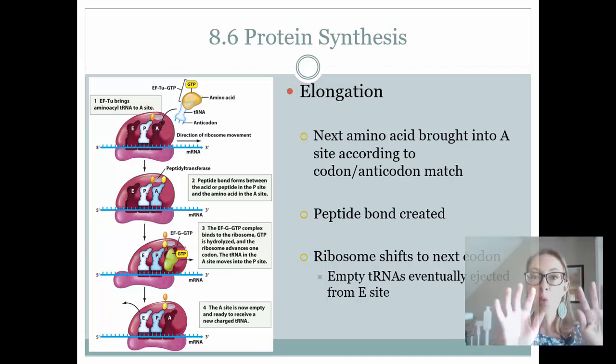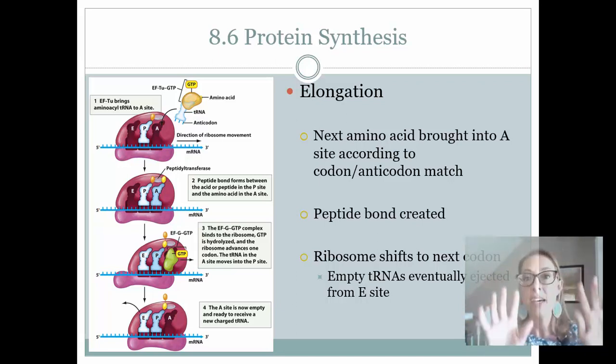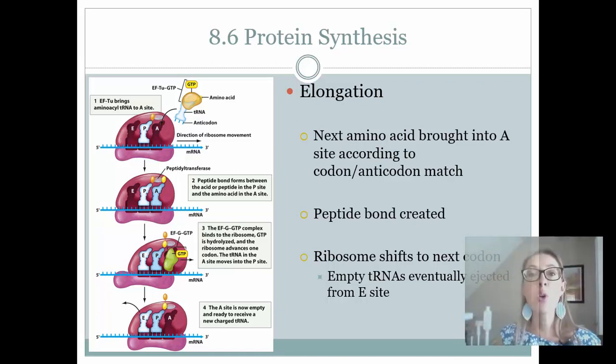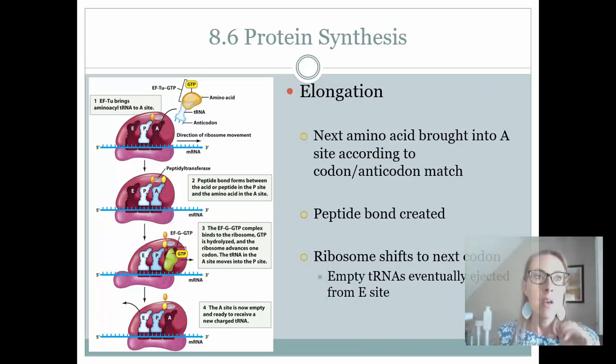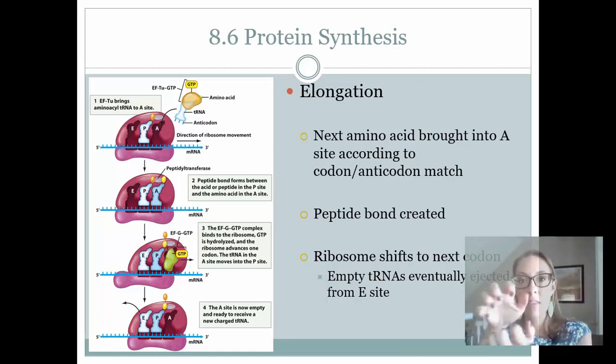So we do this. We read it codon at a time, bringing in the correct tRNA with the corresponding anti-codon. And then we shift down after we form that covalent bond. So much kind of like, I don't know, like we clamp down and we read one codon, the next codon, the next codon.